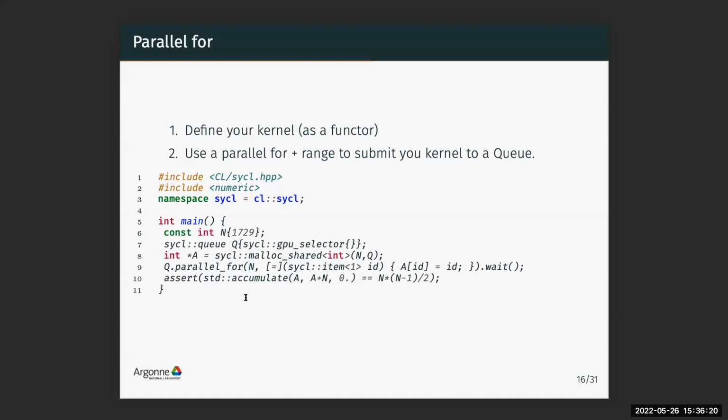And here I have a nice example with some std accumulate, just to show that I know C++. So just q.parallel_for, and as I said before, this is asynchronous and returns an event. I can wait for the event returned to finish. So this is why I do q.parallel_for().wait, and I know that when I do my accumulate, this function has finished. So always be careful with synchronization, or use buffers as we will see later.